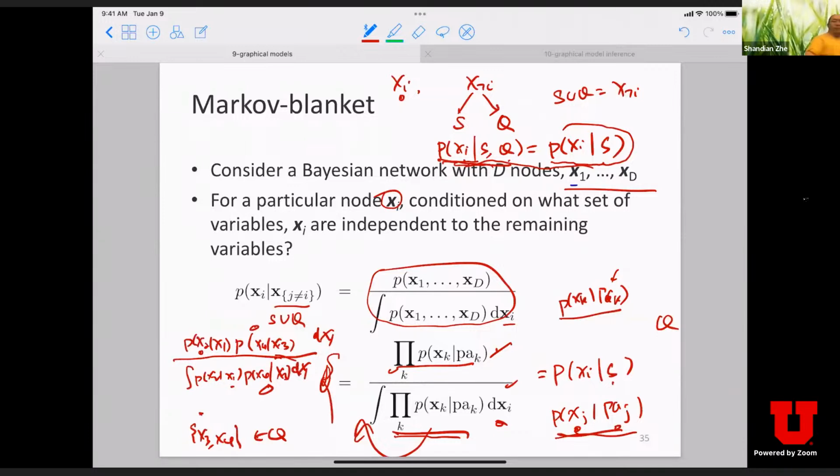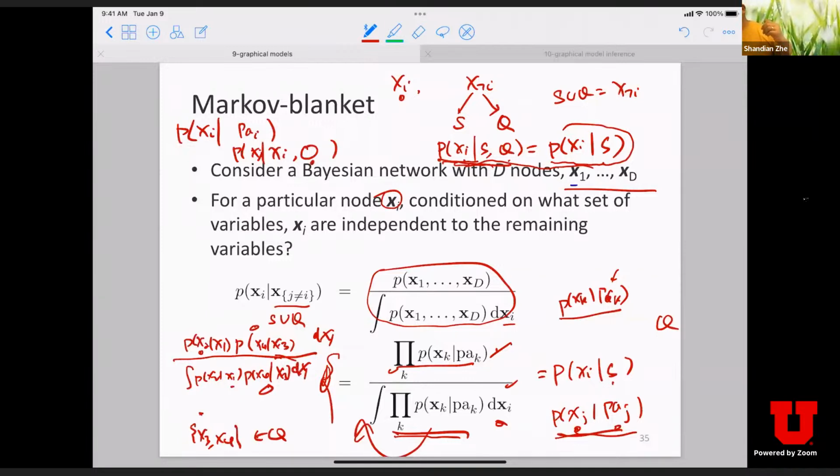First, the parent of xi. You have some conditional probability of xi given, say, x1, x2, x4. So the parents of xi will be in the Markov blanket. Or you have some xj conditional on xi and other variables, so xj is the child of xi.